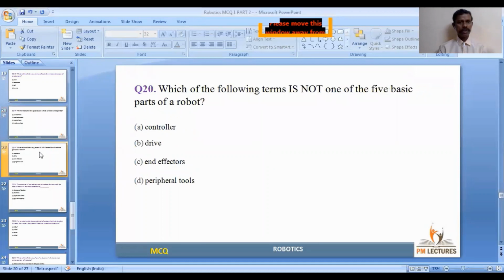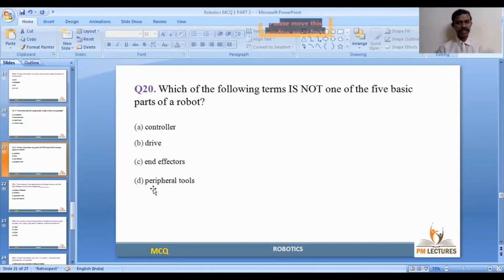Then the 20th question. Which of the following terms is not one of the 5 basic parts of a robot? Option A, controller. Option B, drive. Option C, end effectors. Option D, peripheral tools.